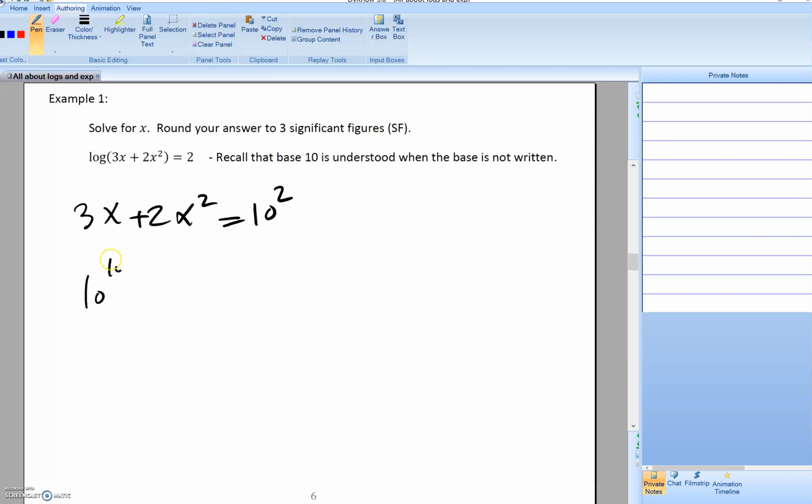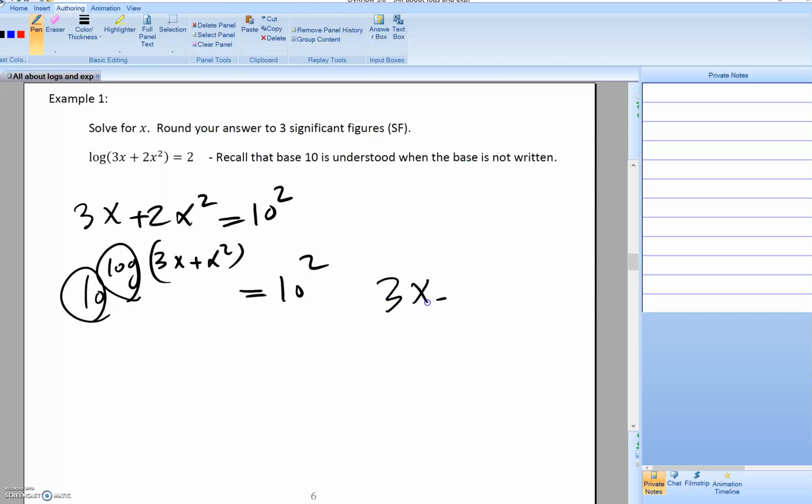See, I can say 10 power log of 3x plus x squared equals 10 power 2, and then this and this are inverse of each other when they are exactly beside each other without anything between, so they cancel each other. So I have 3x plus x squared equals 100. But remember, I have a quadratic function which I have to solve.